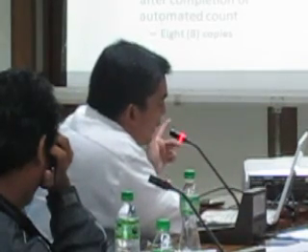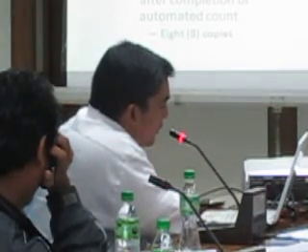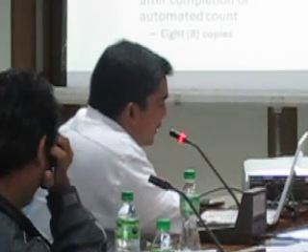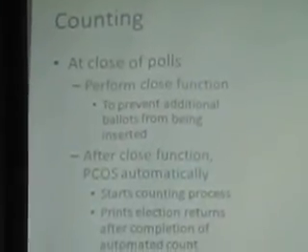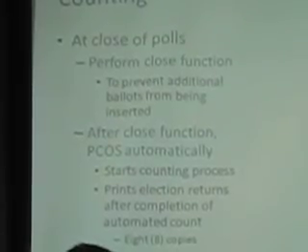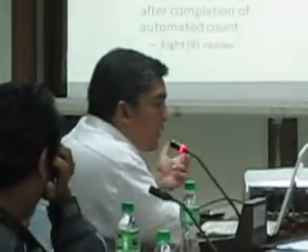Again, after the closing of the polls, when the PI initially starts the close function, the machine starts the counting process and prints out election returns after the completion of the automated count. It's 8 copies. Going back to the voting, when the voter inserts the ballot into the machine, the ballot is scanned on both sides and there's a digital image stored in the memory of the machine.